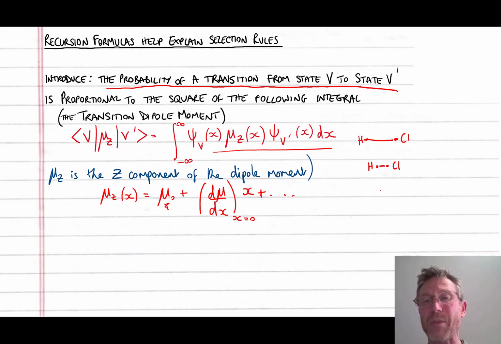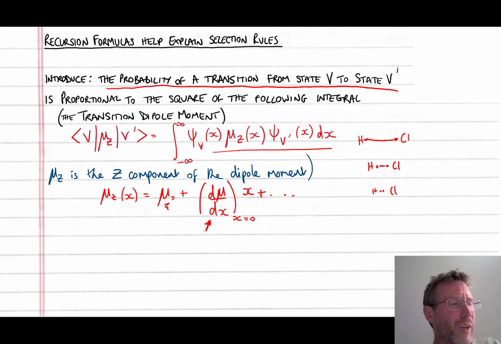We might also get some compression where these two atoms get even closer together. So we see a changing dipole moment as we change that bond length. That's represented by this d mu by dx term, and it's that changing dipole moment with respect to time which is going to interact with the oscillating electromagnetic field in the light source.